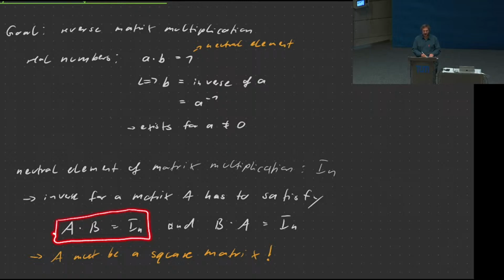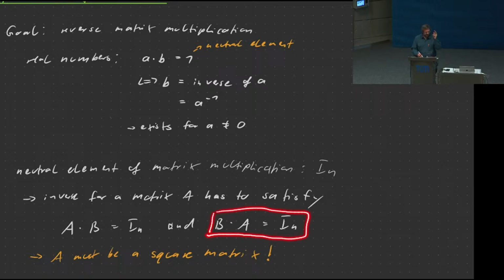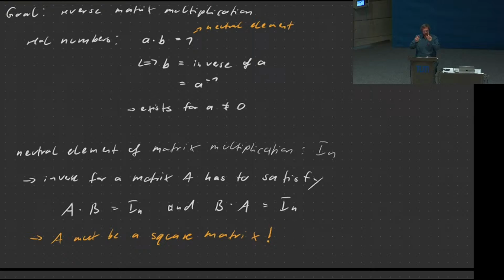And you do remember that matrix multiplication is not commutative, so the order matters. That means, to be precise, you'll have to ask the same question with the inverted order, right? So we need to have A times B equals In, and we need to have B times A equals In. At this point, it's not clear that both will yield the same B. We'll find out that this is actually the case, if it's possible at all.